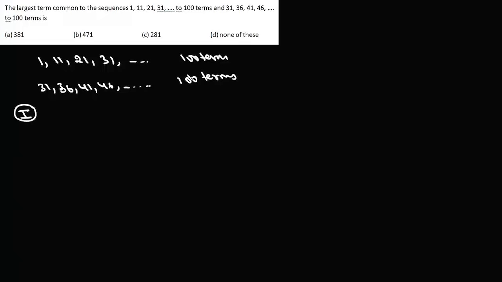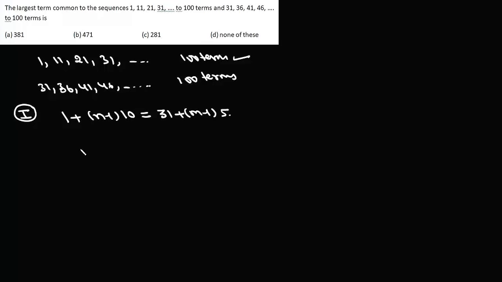we know that the general term for the first series can be written as 1 plus (n minus 1) into d. So it will be 1 plus (n minus 1) into 10, and we need common terms. So it will be equal to the general term of the second series, which is 31 plus (m minus 1) into 5.